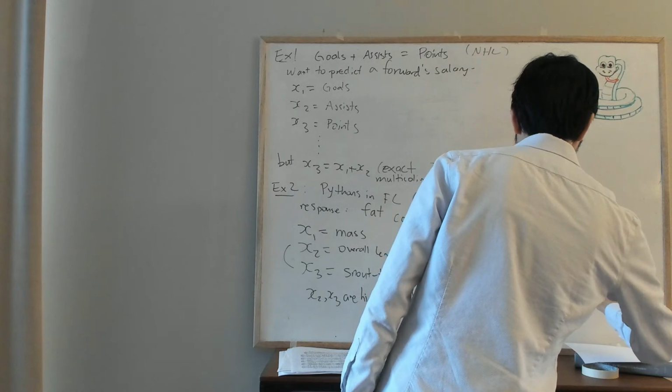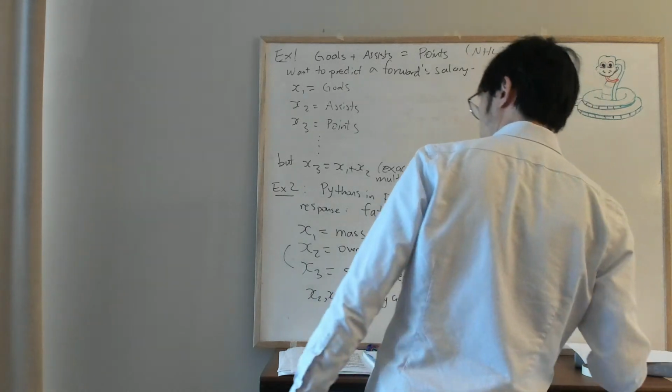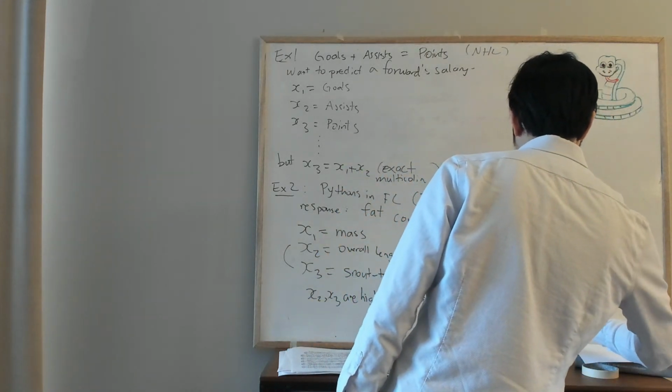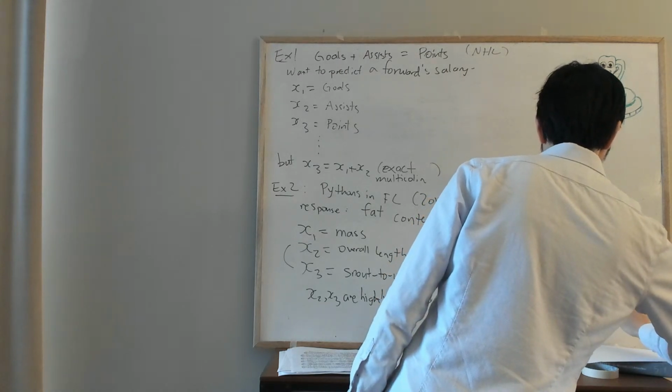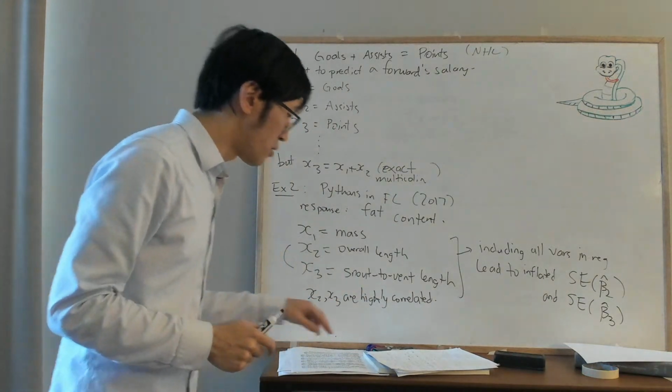So the standard errors in particular for beta 2 and beta 3. Okay, so in this case, you have a pair of them that are highly correlated.